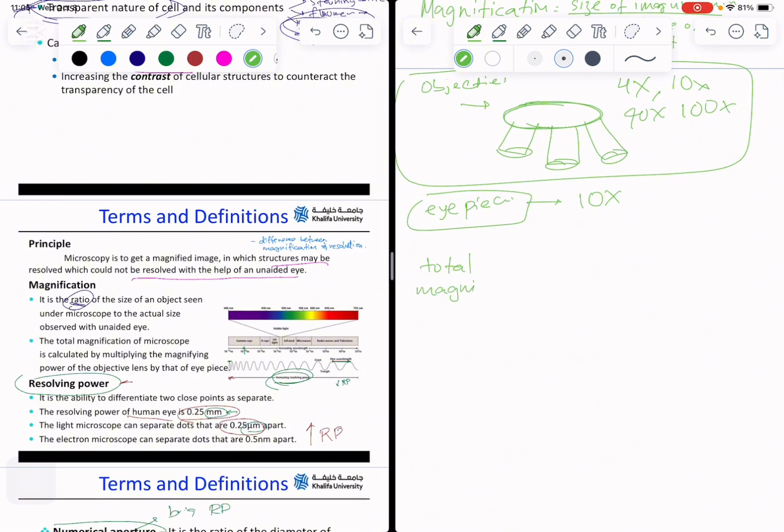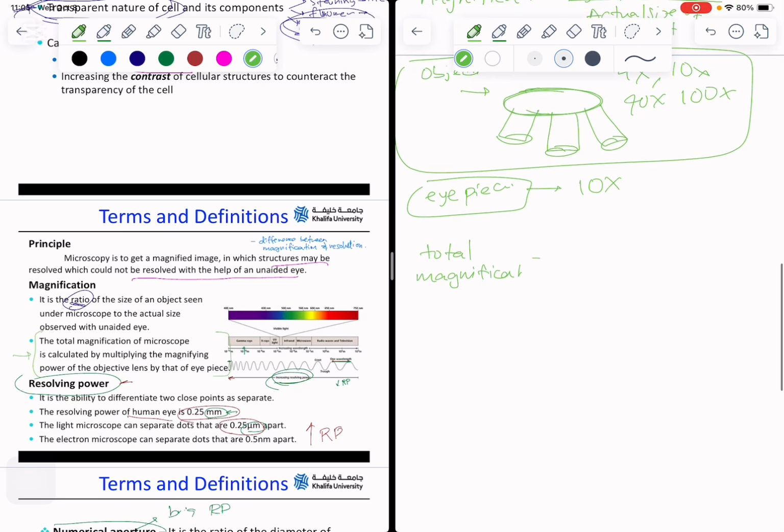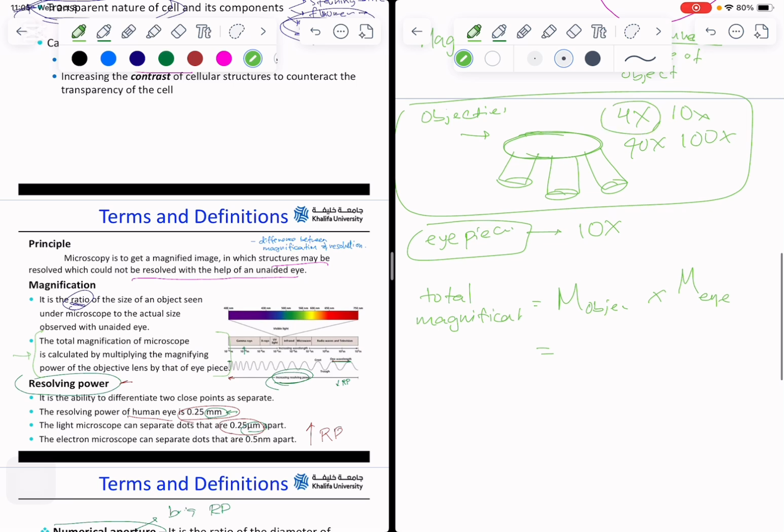I'm not just writing these equations from my pocket; he literally said it in the slides. The total magnification is the magnification of the objective multiplied by the magnification of the eyepiece. So if I'm using the lowest, the 4x objective, 4 times 10 gives a 40x total magnification of the specimen under the microscope.